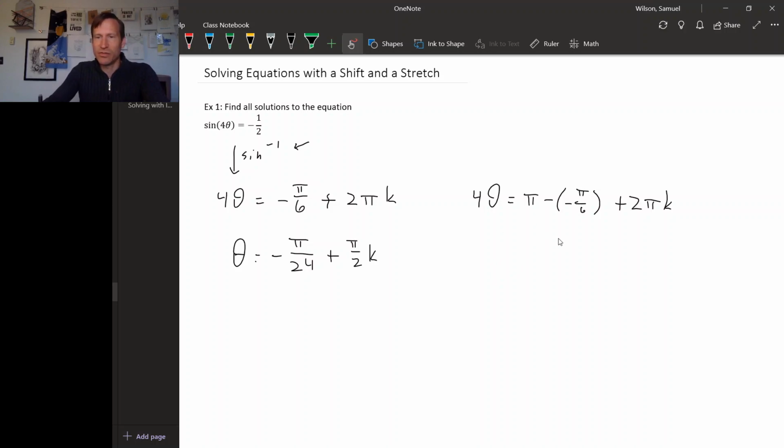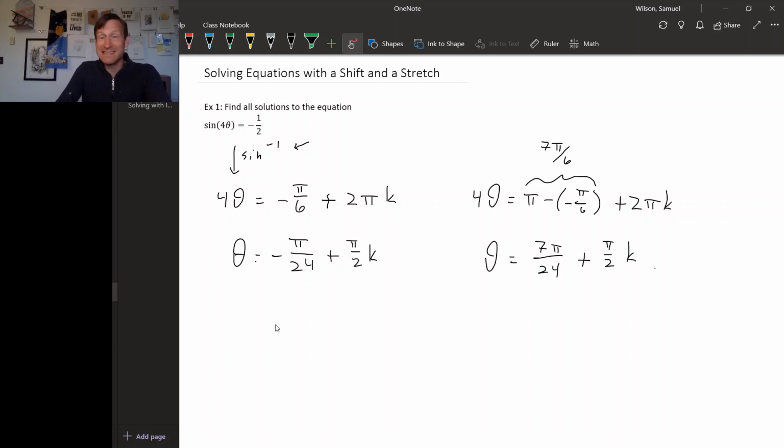And then the same thing over here. Maybe simplify this stuff first. That's going to be 7 pi over 6. So divide everything by 4, and you get 7 pi over 24 plus pi over 2 times k.